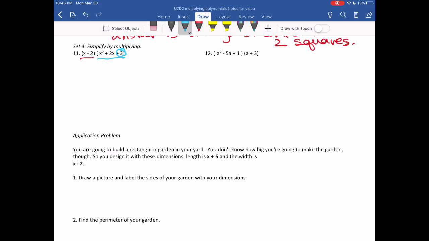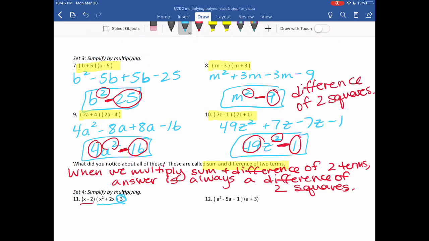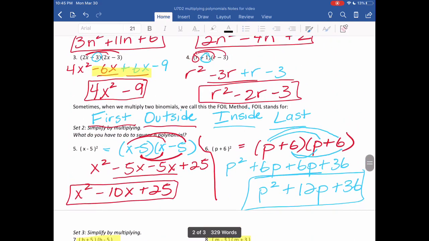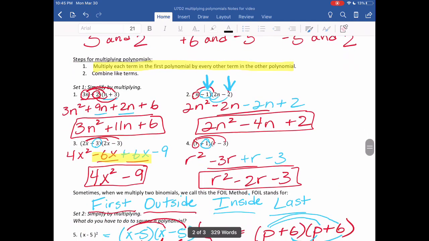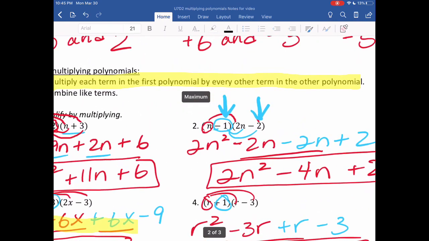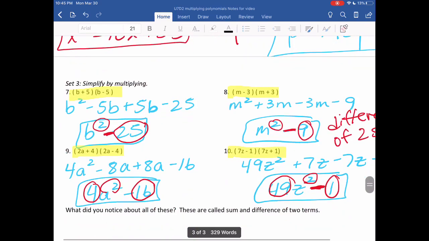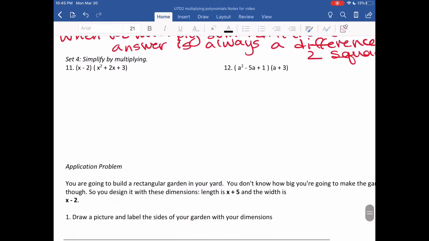I have 3 terms in that second polynomial. So instead of using the FOIL method, we're just going to come up to our original steps here. Steps for multiplying polynomials right here. Step 1, multiply each term in the first polynomial by every other term in the other polynomial. So we're just going to remember to do that, all right?